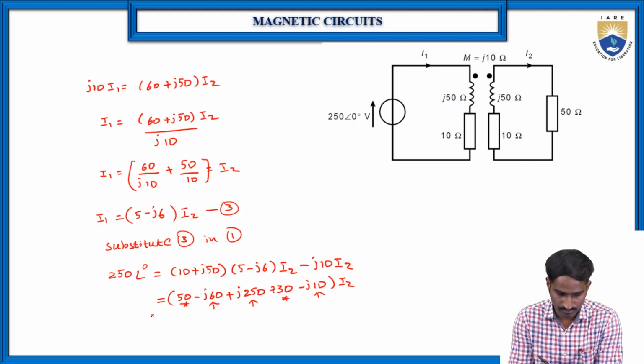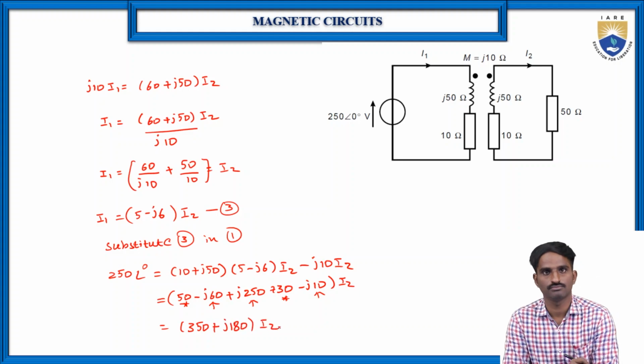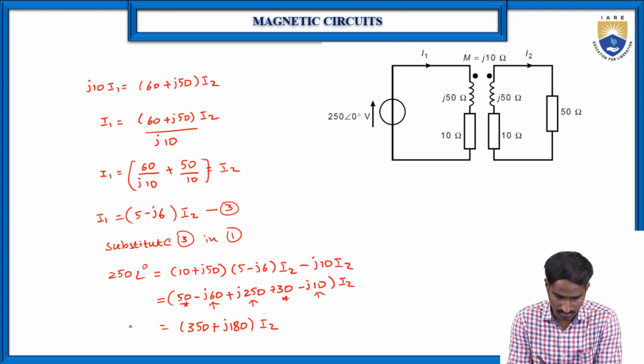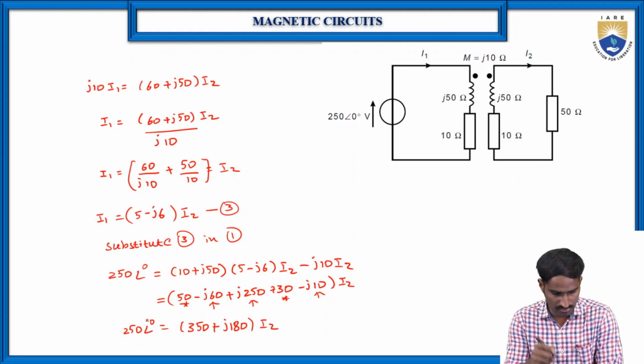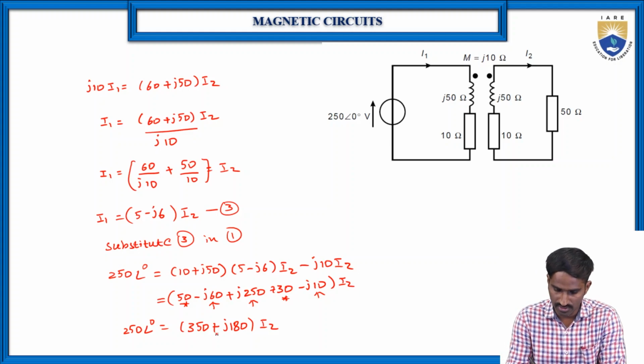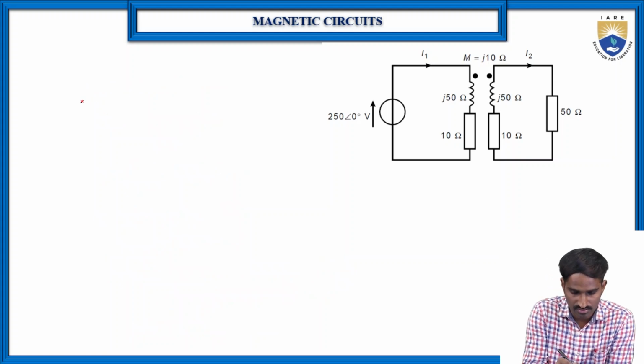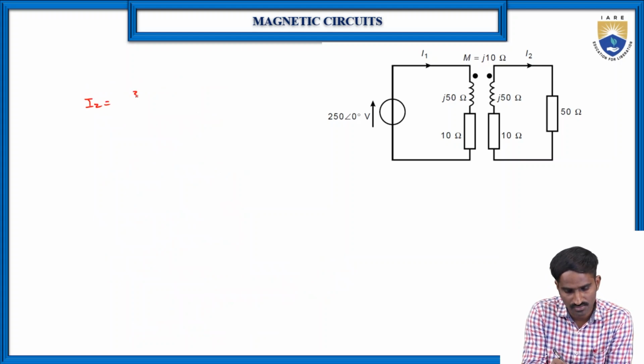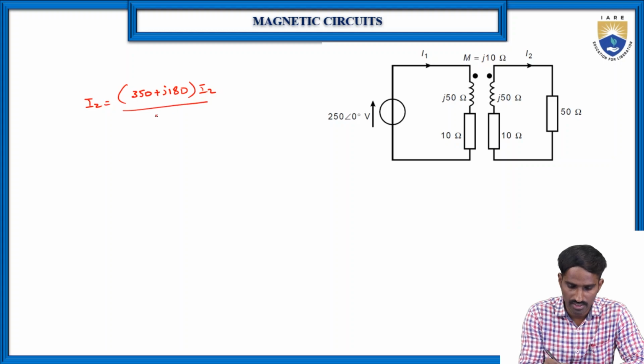Then finally you will get (350 + J180) into I2, which equals 250 at an angle of 0.